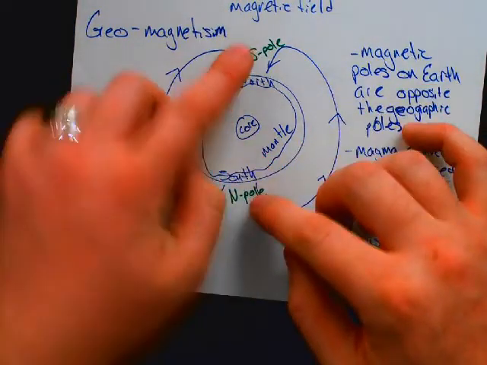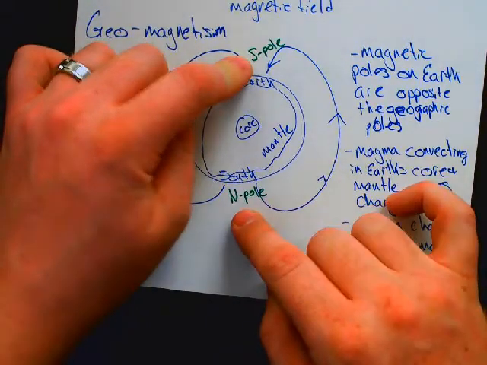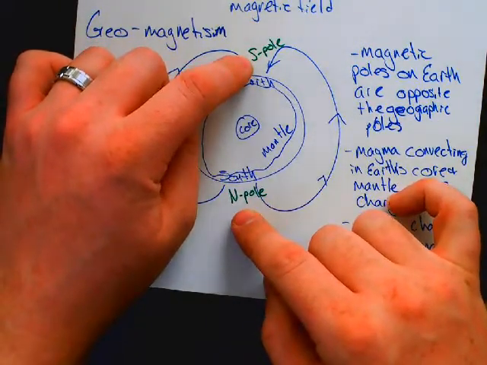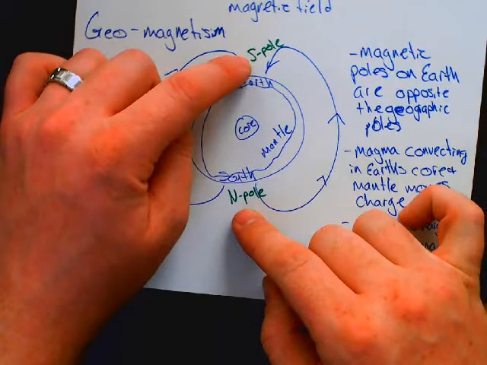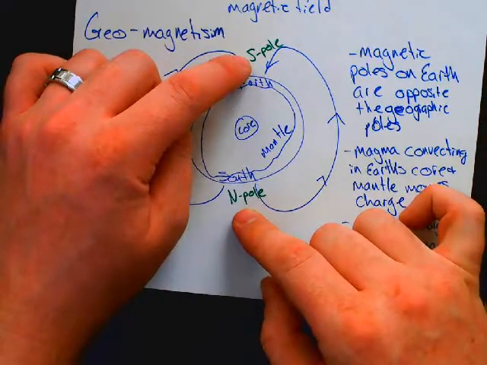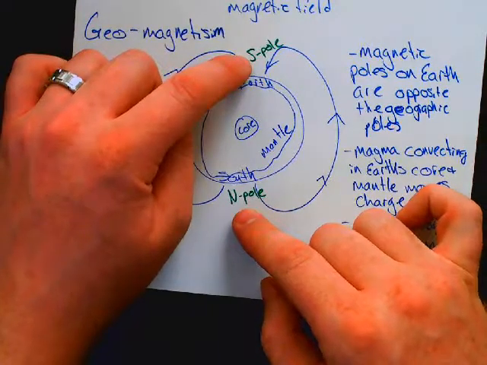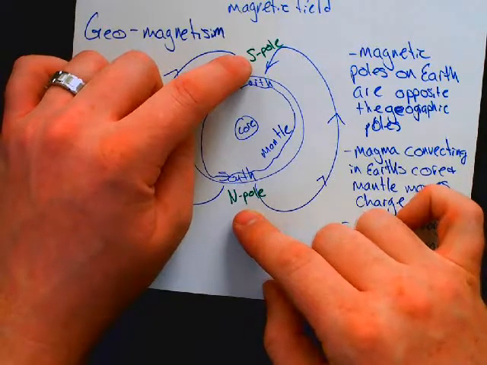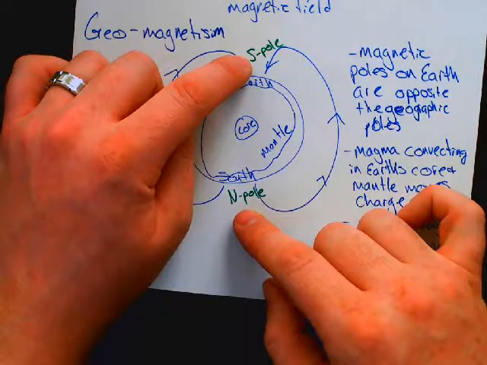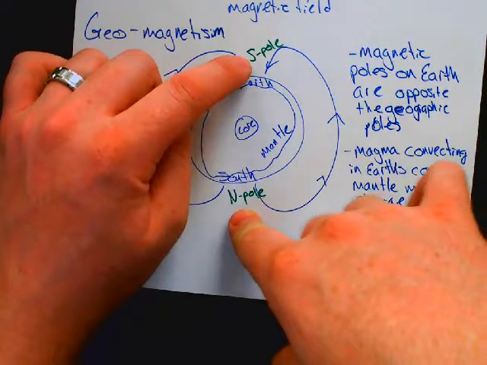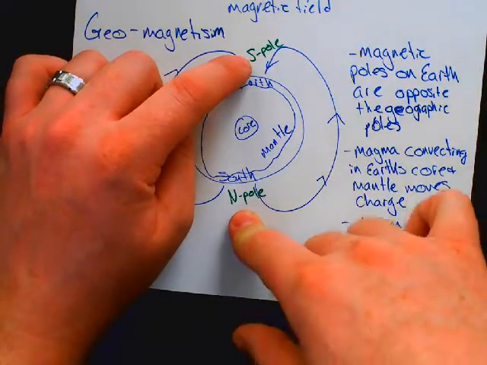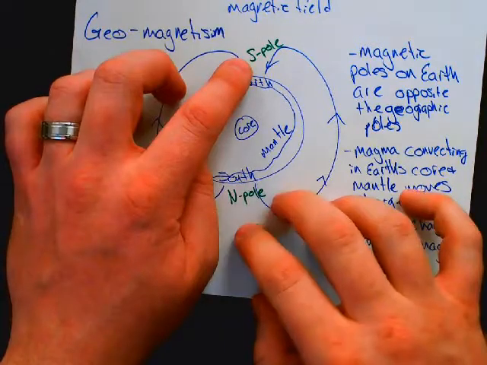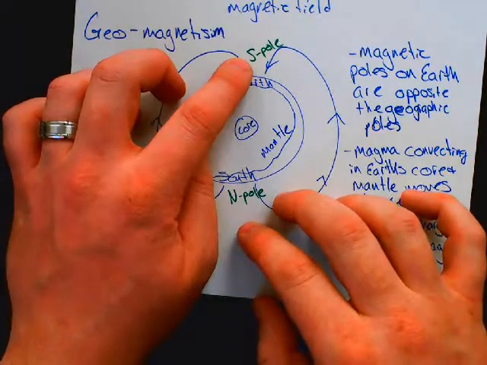So when we say that the S pole is here and the N pole is here, that hasn't always been true. In fact, it changes every few 10 million years. So even since the time of the dinosaurs, Earth's magnetic field has flipped a few times. It could start, actually, some studies have shown that it may actually be starting now.